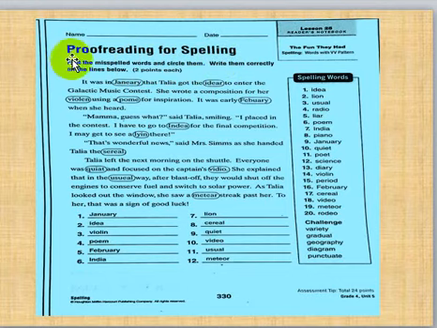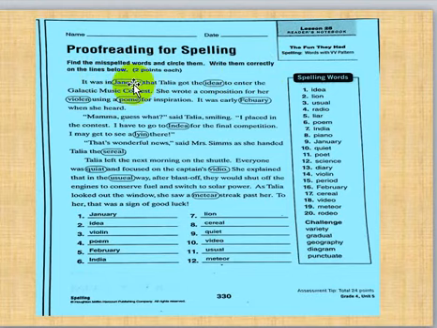Of course, in this page we have to do two things. Number 1, find the misspelled words and circle them. Number 2, write them correctly on the lines below. You circle the misspelled words, like what? Is it January?